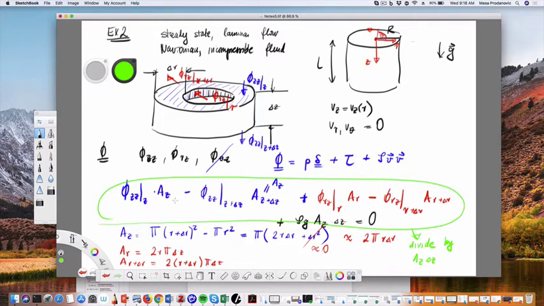So there will be a difference here that is divided by delta Z. And it's actually negative phi ZZ at Z plus delta Z minus phi ZZ at Z, divided by delta Z, which reminds me of that partial derivative big time.